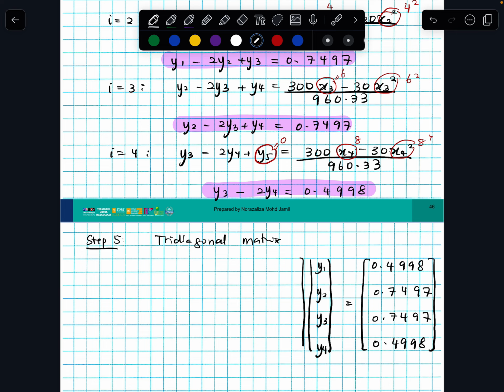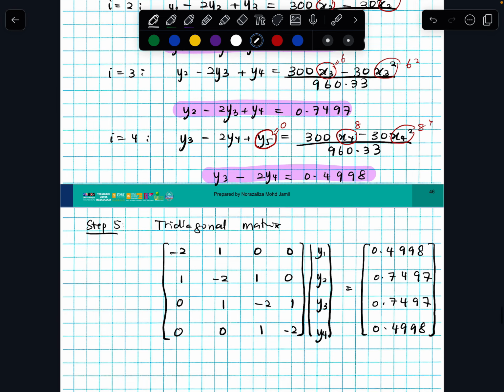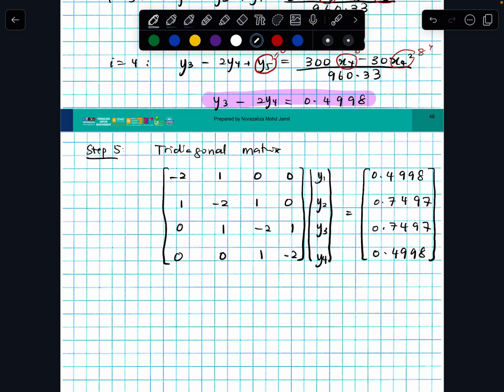And then we have the 4 by 4 matrix. As you see, the coefficient on the left hand side can be written as -2. So this is the matrix. Now we want to solve the matrix by using Thomas algorithm.